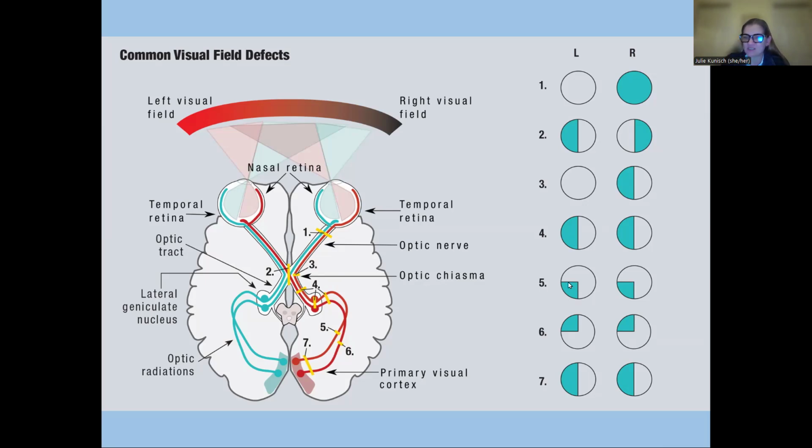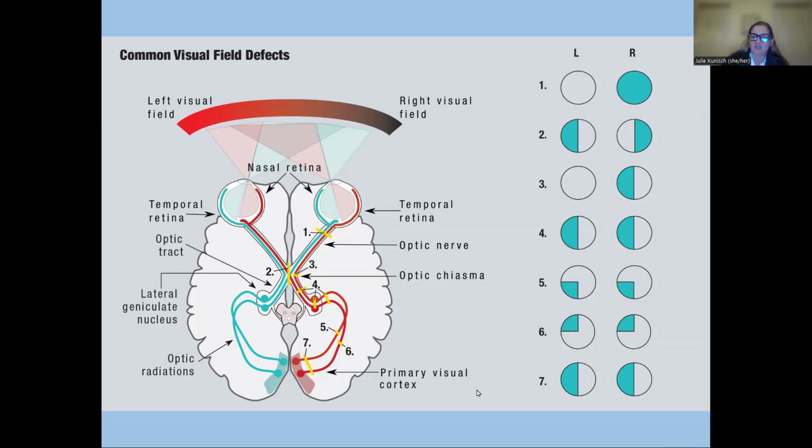So it's the same as this, but the radiations have split out. So we just have a quadrant here. Or 6 is a superior homonymous quadrantopia. I know these words are so fun to try to say. So these are quadrantopias instead of hemianopia. They are homonymous. This is inferior. Number 5 is inferior. Number 6 is superior.